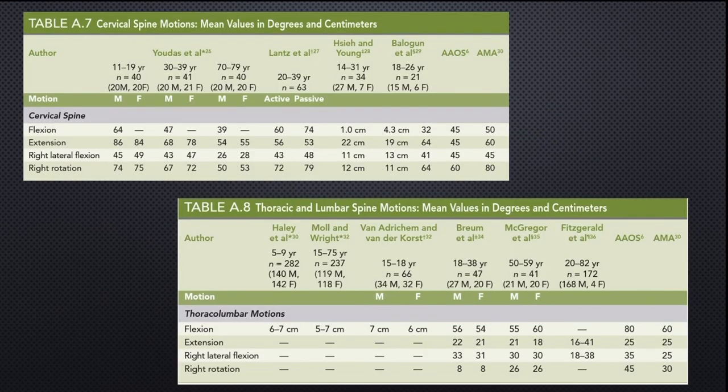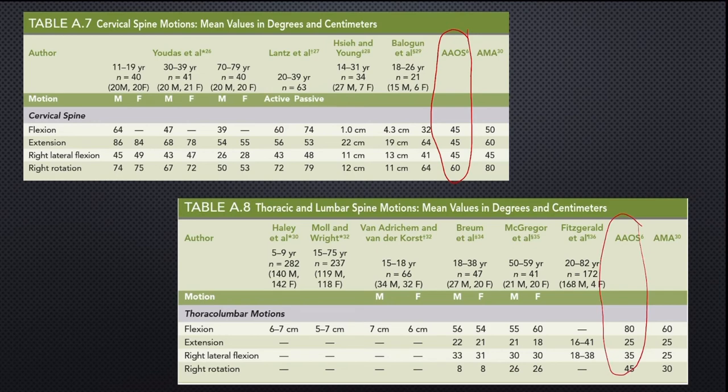Okay, then these are the values in terms of degrees and centimeters. I believe you're confused because of the different values here, but as early as now, I want you to simply focus on one value, which is this one, AAOS.